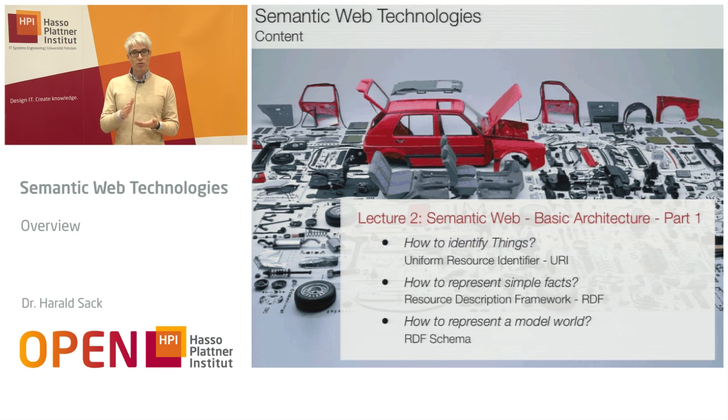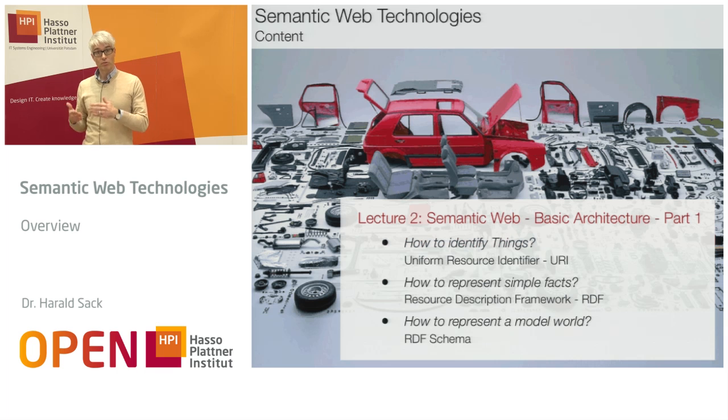The Resource Description Framework enables us to formulate really simple sentences that represent facts about the world that we want to represent. But it's not only the individual facts. We have to come up with a model of the world we want to represent. So how do we represent a model of the world?